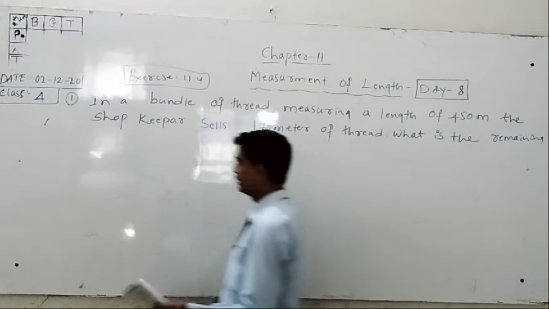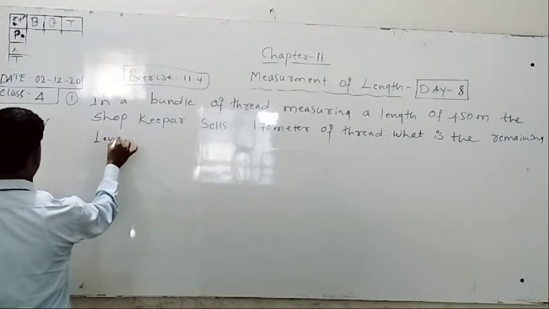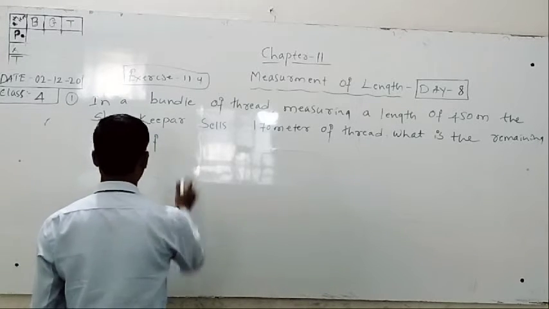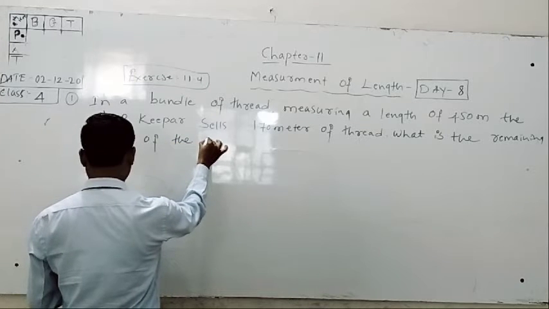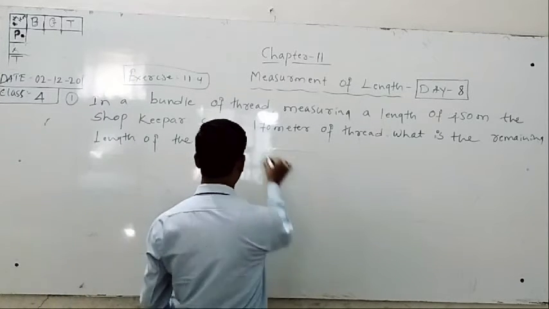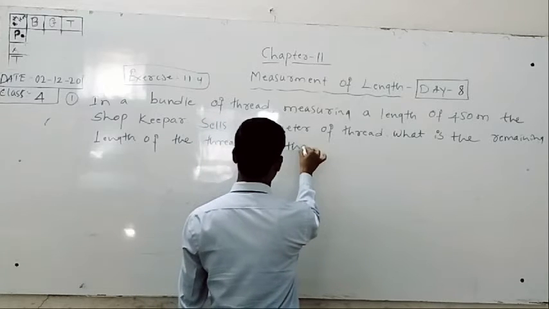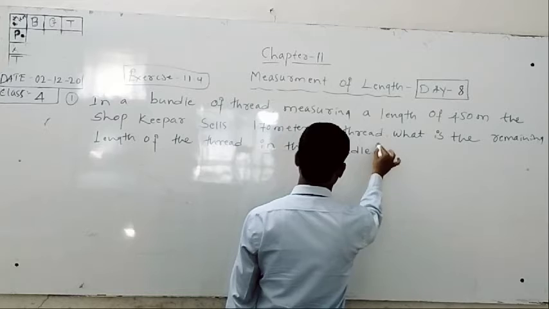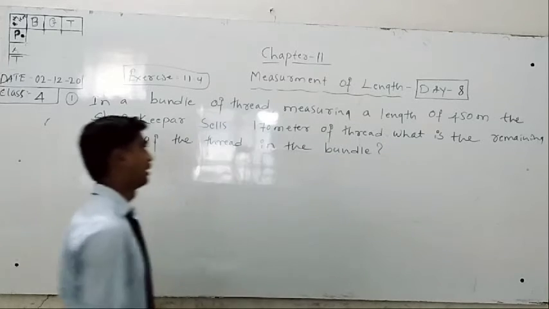What is the remaining length of the thread in the bundle?